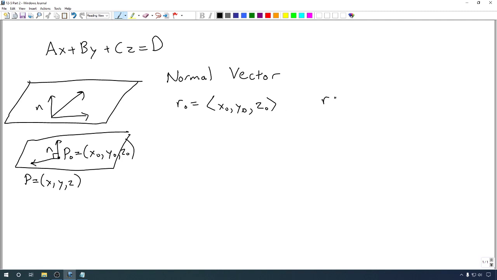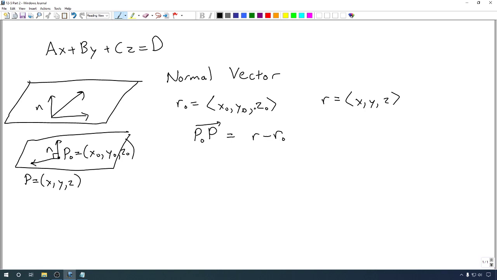And then the position vector going from the origin to P, so from 0, 0, 0 to x, y, z, which is just going to be x, y, z. This vector here is just going to be formed by subtracting these two vectors. So in fact, the vector here from P naught to P is just going to be R minus R naught.